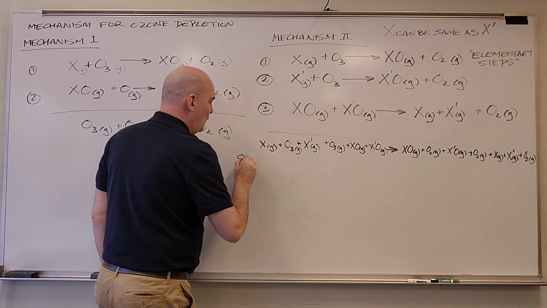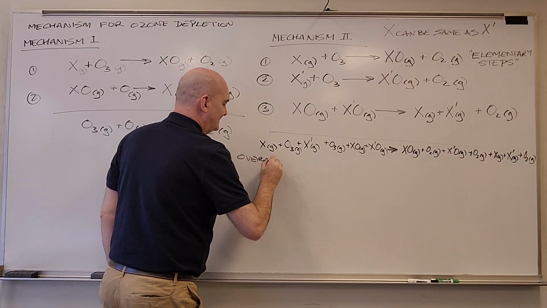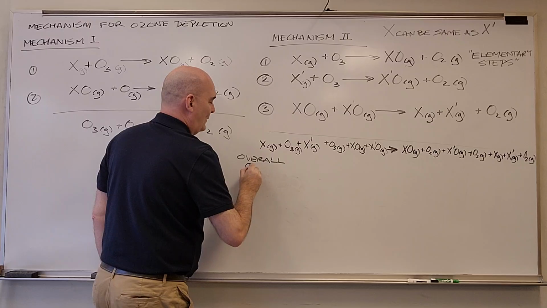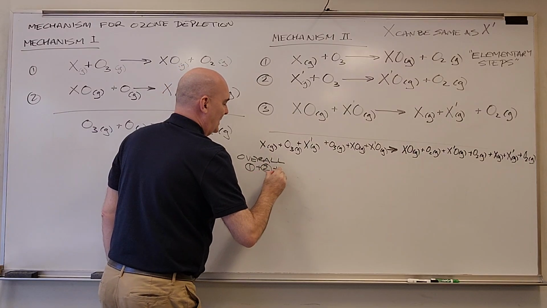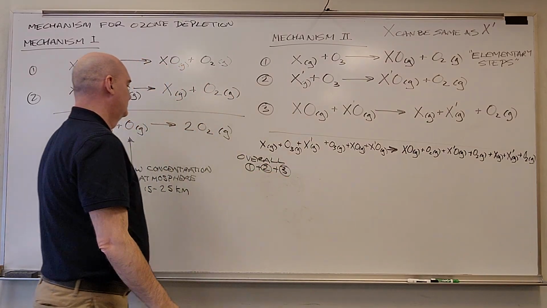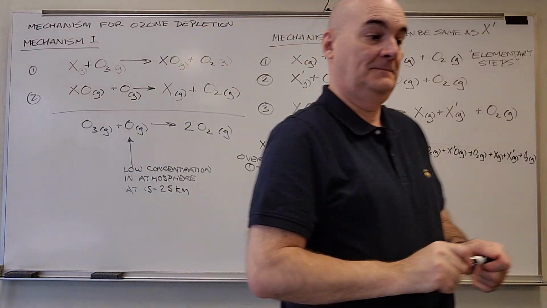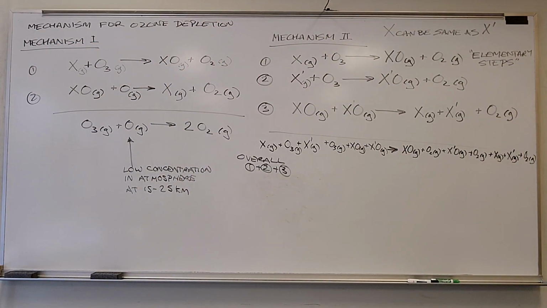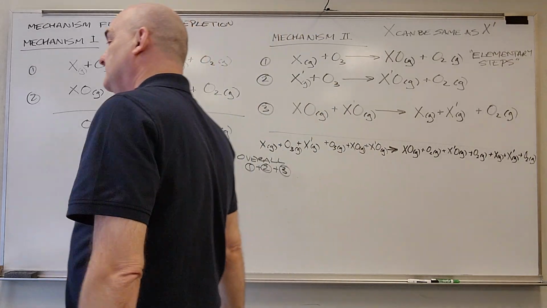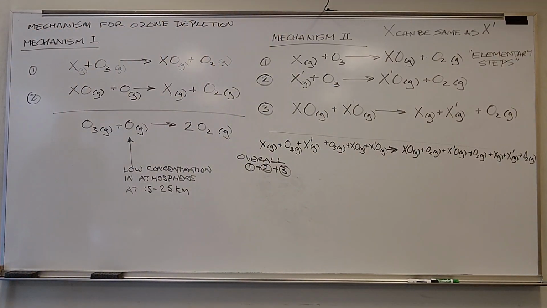And our overall is line 1 plus line 2 plus line 3. How many lines? What's the max amount of lines you can have? You can have as many as you like.